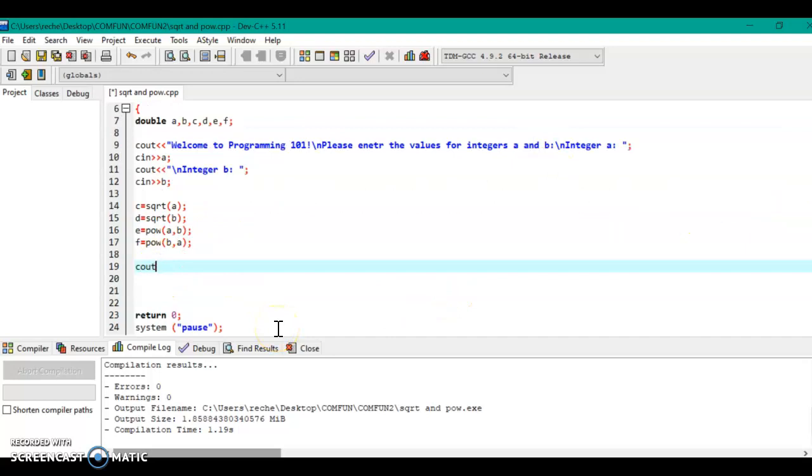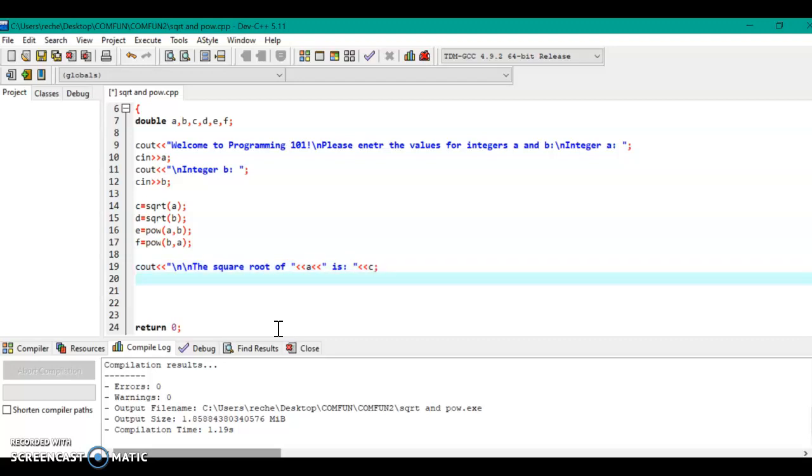Okay, now we are ready to display the answer. So the square root of variable a is, and then the answer, that's c.